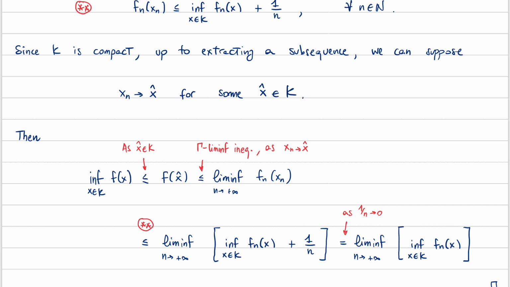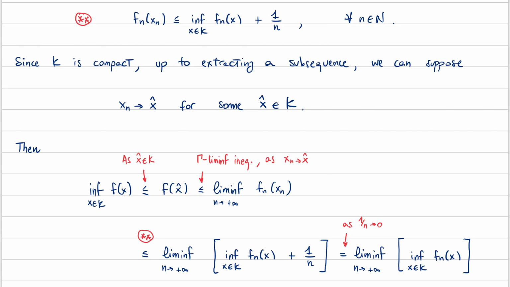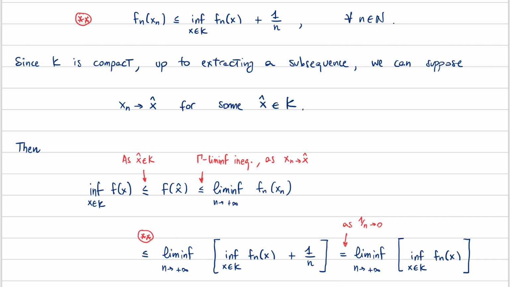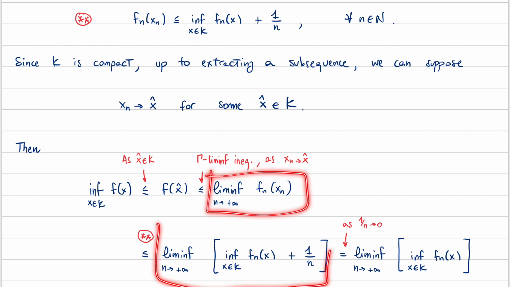And this, by double star, which is here, pointwise, this is less or equal than this, as is written here, for every n, and therefore this is true also for the lim-inf.